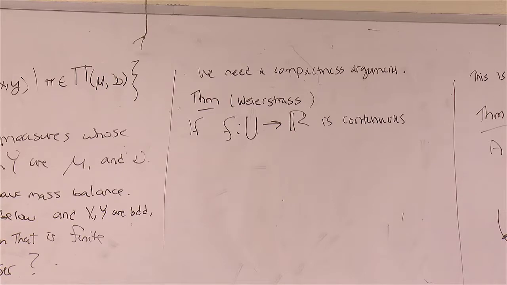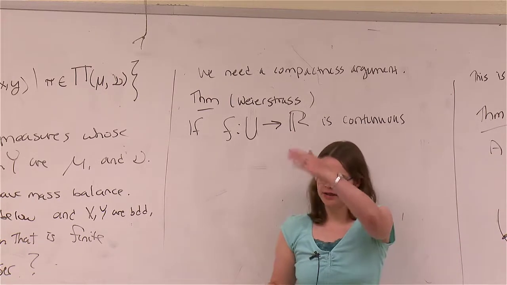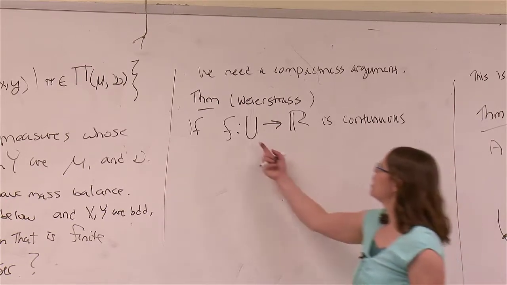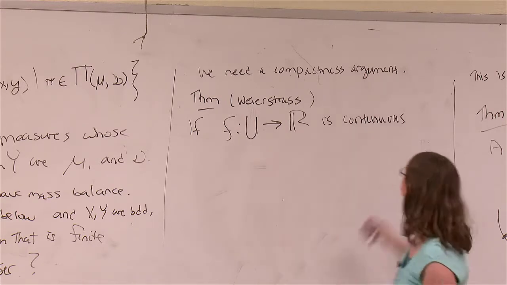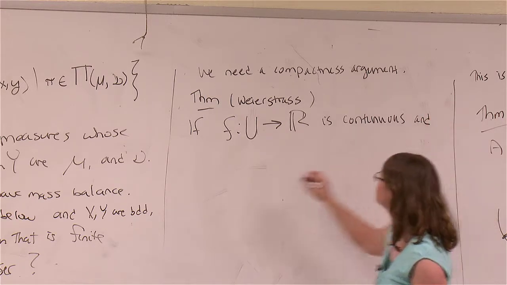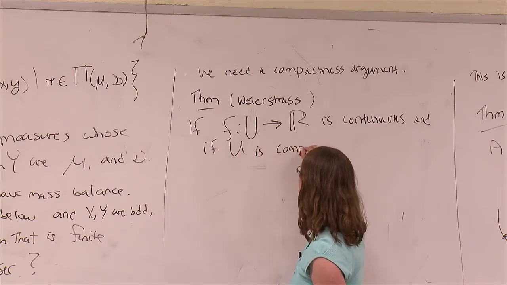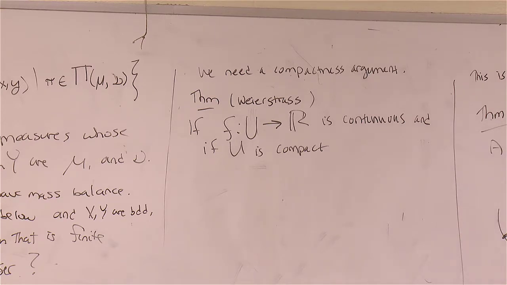So I'm trying to minimize a continuous function, and I'd like to show that we've actually got a minimizer. What do I need? I need this space to be compact. If capital U is compact, then we can do it. Then F actually attains a minimum.